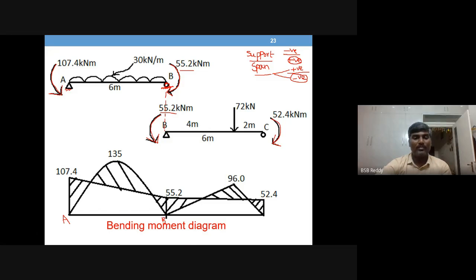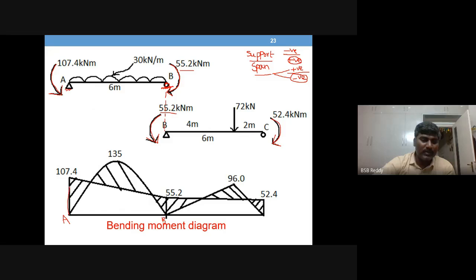Just the AB portion. So 107.4 negative. Why am I calling it negative? Because that 107.4 is trying to bend the beam upward, which means hogging. Or else, the sum of all moments to the left of A, left anti-clockwise, is negative.